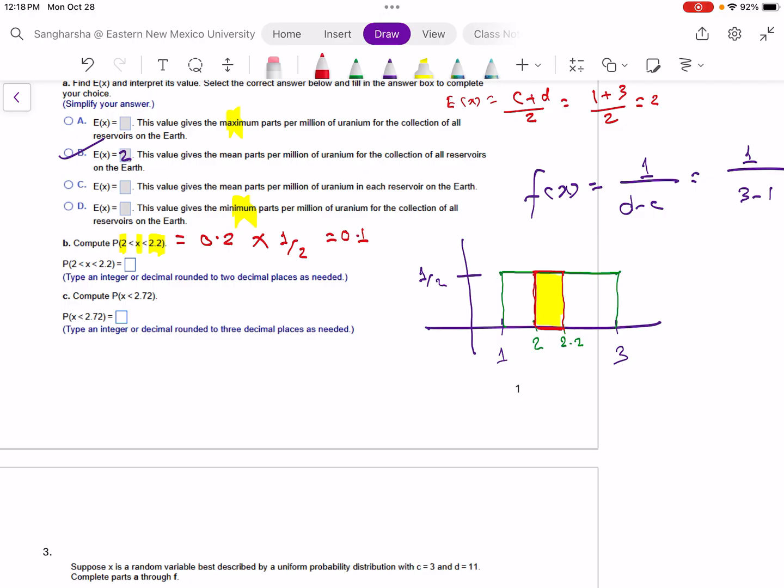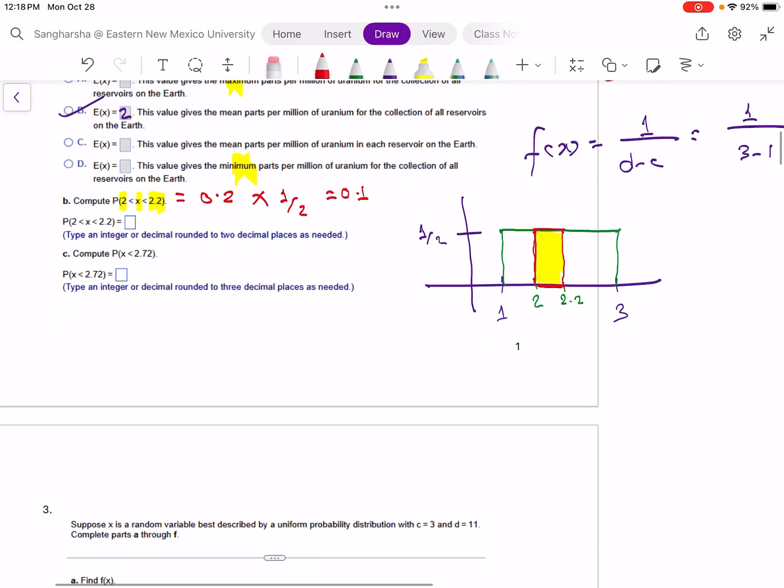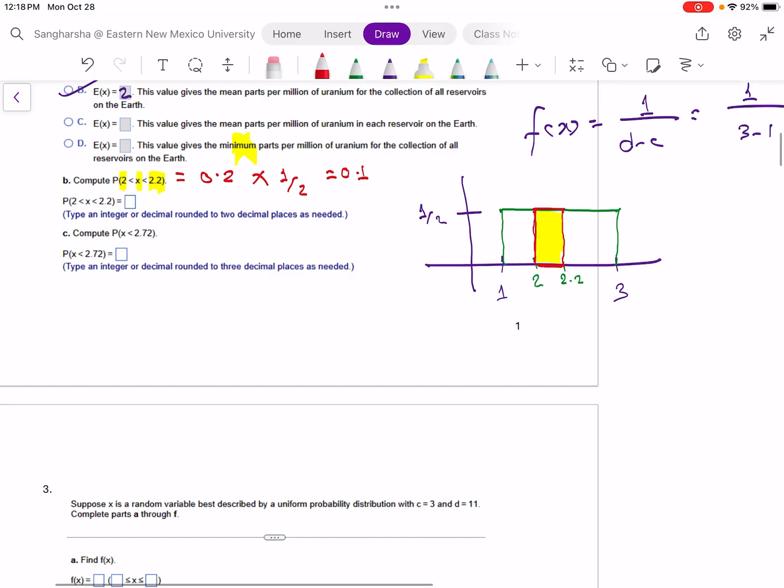In a similar way, can you find number C? You are asked to find the probability that x is less than 2.72. If you have the graph, it's going to be very easy, so make sure you draw the graph here. We have 1/2 here.